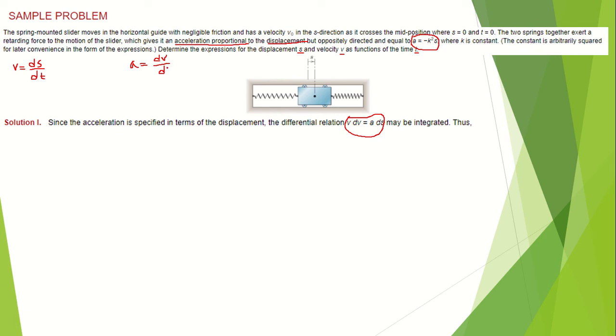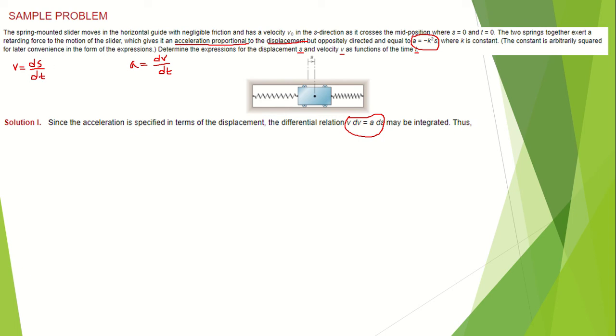Okay, so now our goal here is to derive this. You might ask where this relation is coming from. It's just taken from these two basic relationships between velocity and acceleration with respect to the displacement.